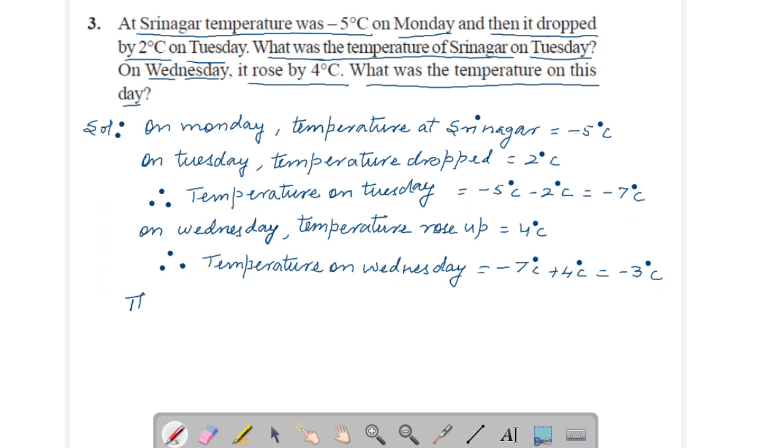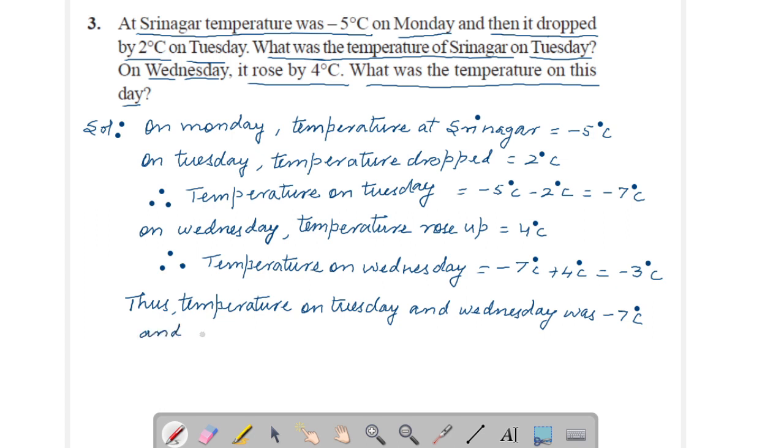Thus, temperature on Tuesday and Wednesday was -7 degrees Celsius and minus 3 degrees Celsius respectively.